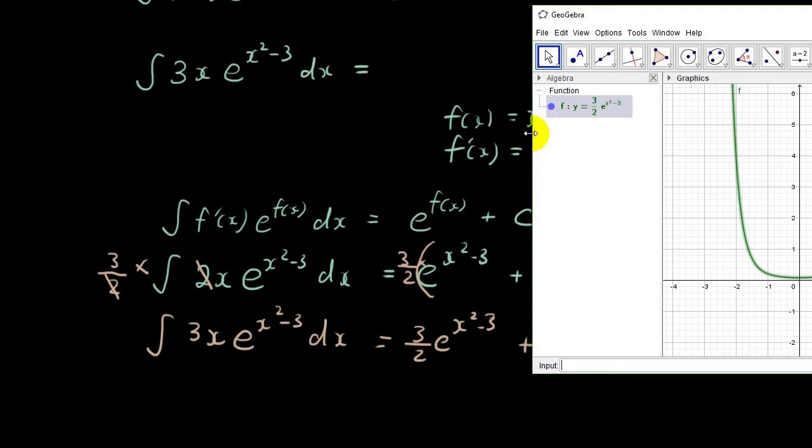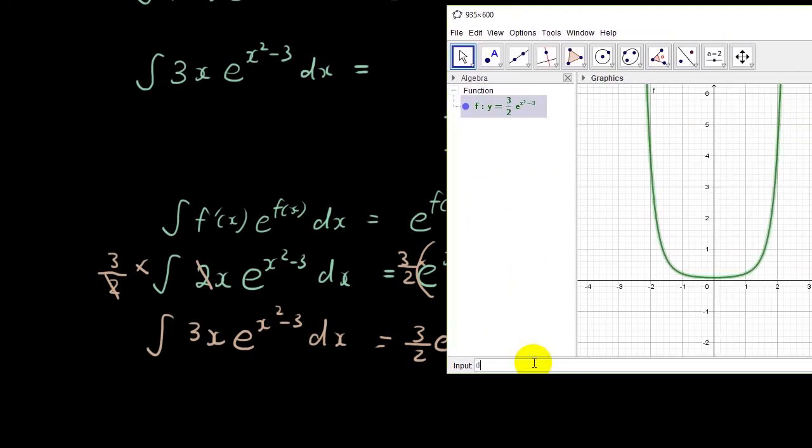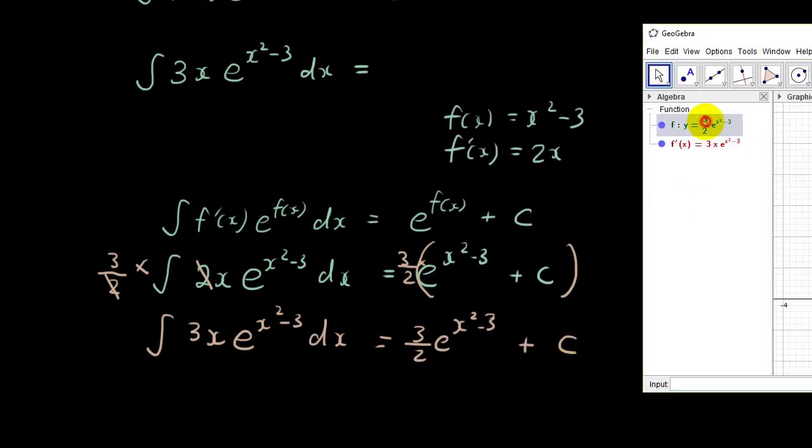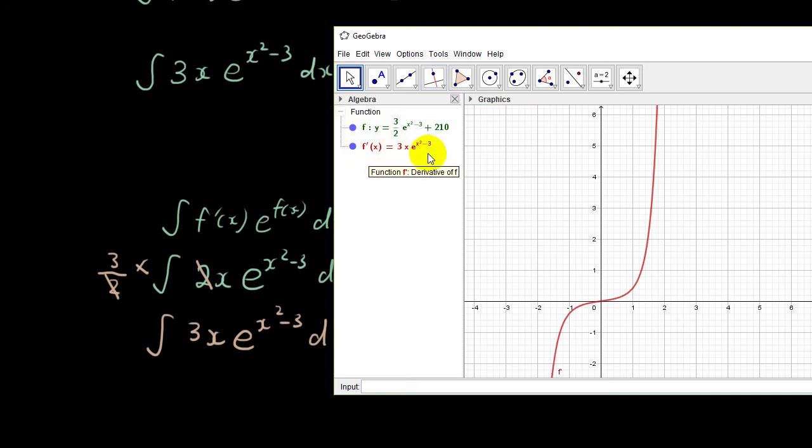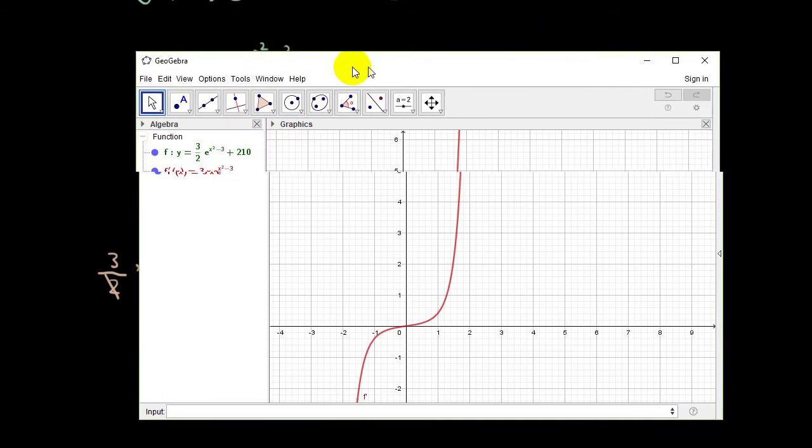Okay, there's our equation, and if you differentiate that, you get 3x times e to the power of x squared minus 3. And you can see that we have a plus c on the end, so it doesn't matter if we add any number you want on the end. The derivative is still the same, because when you differentiate a constant, you get 0.